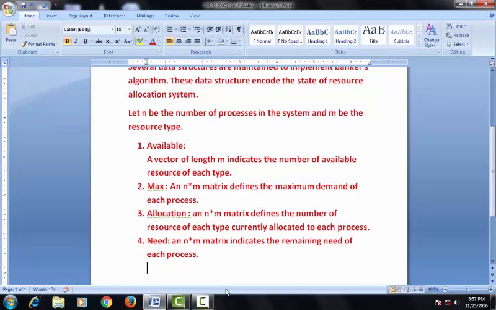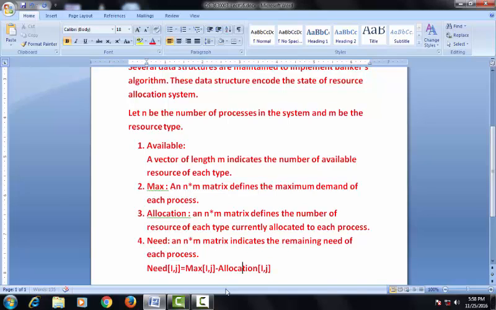These are the 4 data structures we mostly use in our algorithms and numericals, right? Now the formula which is very important is that Need[i][j] will be calculated as Max[i][j] minus Allocation[i][j], right?